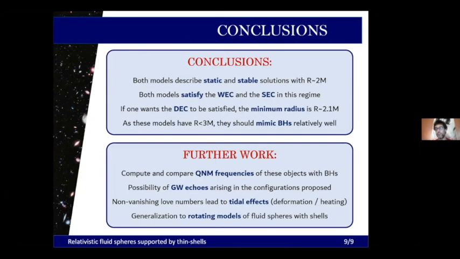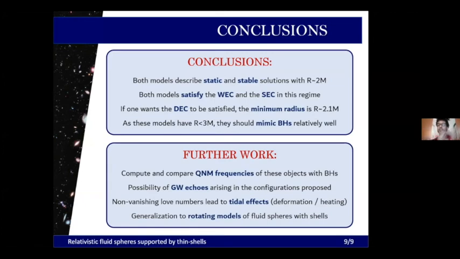For example, gravitational waves. If you have an object that does not have an event horizon and you collide objects like this to emit gravitational waves, the gravitational wave signal will be different from the gravitational wave signal of black holes. There are extra things that appear in the signal that do not appear if you are taking black holes. For example, since these objects do not have event horizons, you expect the gravitational waves to be reflected inside the object and be consequently re-emitted many times.